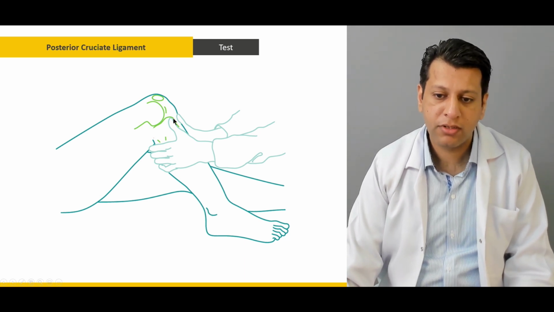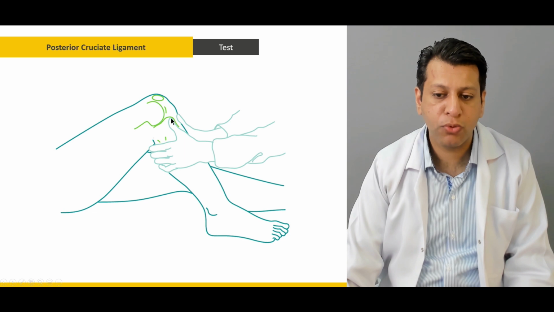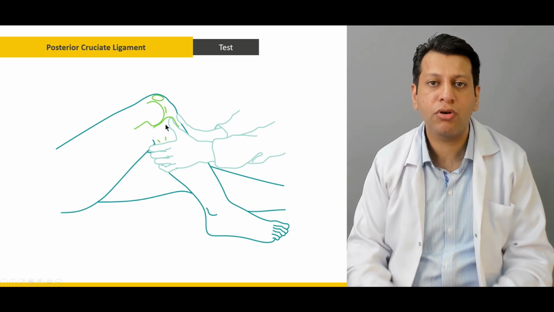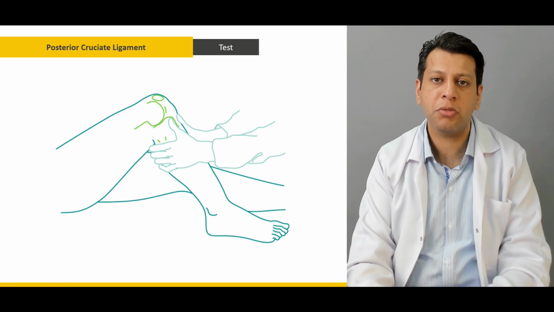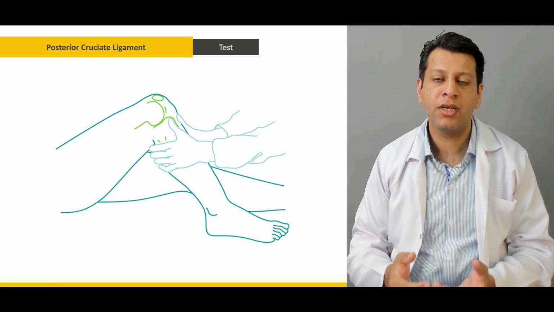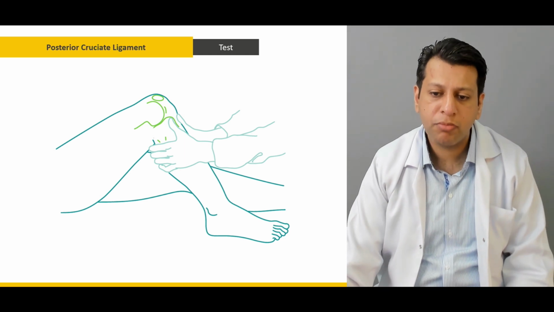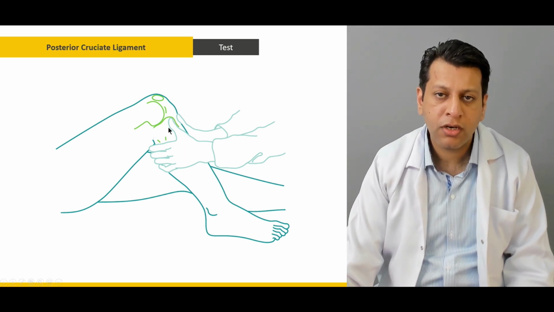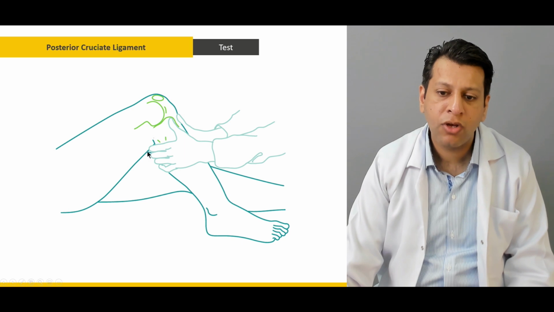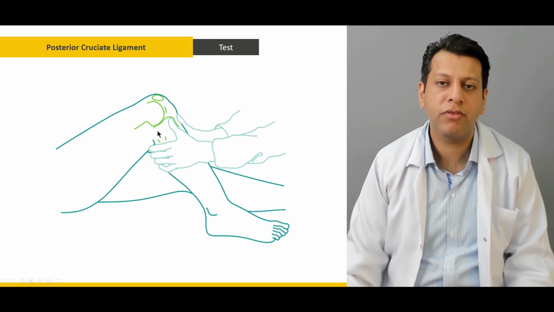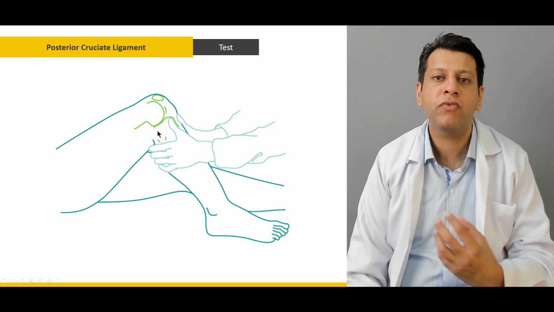Instead of pulling the tibia towards him or herself as in the anterior drawer, the examiner pushes the tibia in the opposite direction. If there is a PCL injury, the posterior tibia will sag beyond the level of the femur, which is indicative of a PCL tear.